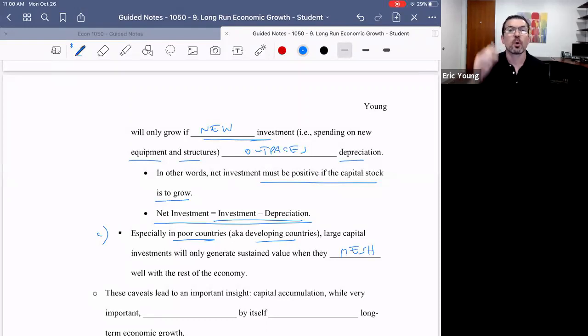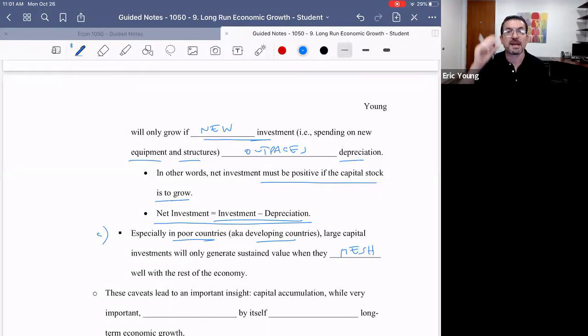We see lots of poor countries attempt to invest in factories, for example, but they don't have the educated workforce to work in those factories. Or we'll see some countries invest in heavy manufacturing facilities and even robotics, but they don't have the underlying resource base of raw materials to make the products. So the factories sit empty.